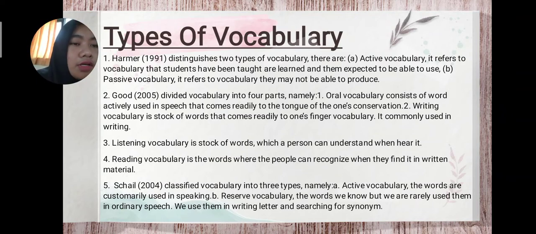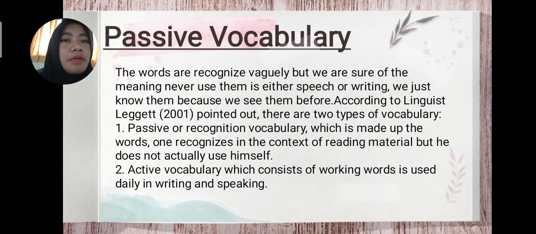Reserve vocabulary: the words we know but rarely use in ordinary speech. We use them in writing, letters, and searching for synonyms. Passive vocabulary: the words we recognize vaguely, but are not sure of the meaning, and never use in either speech or writing. We just know them because we have seen them before.